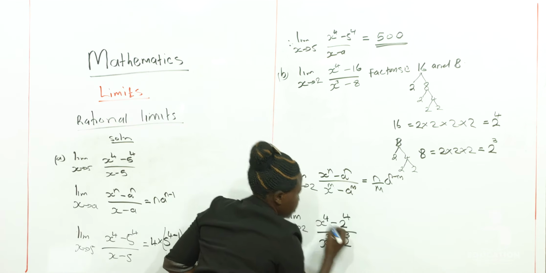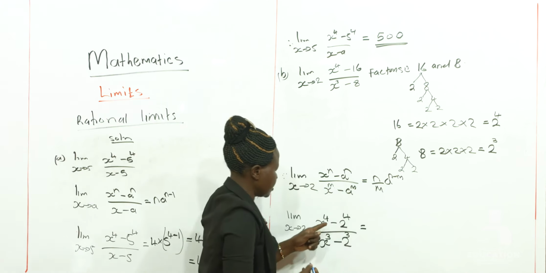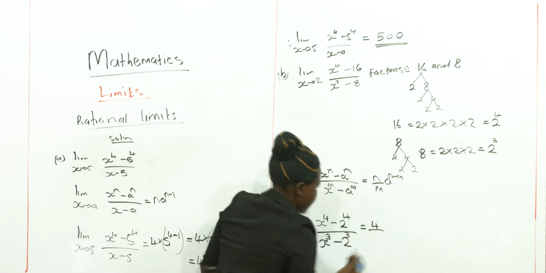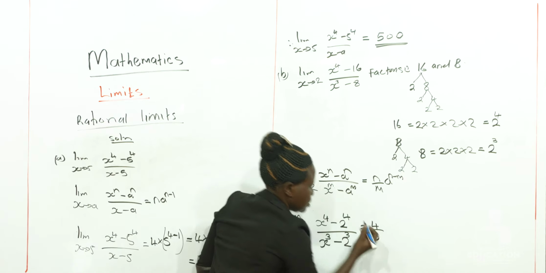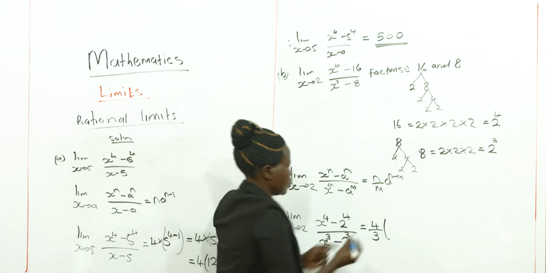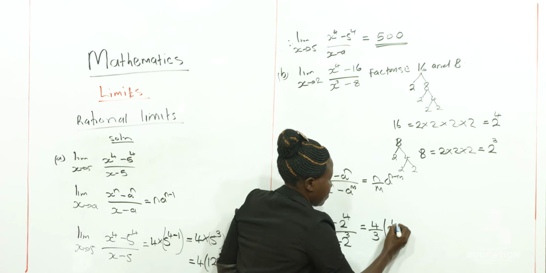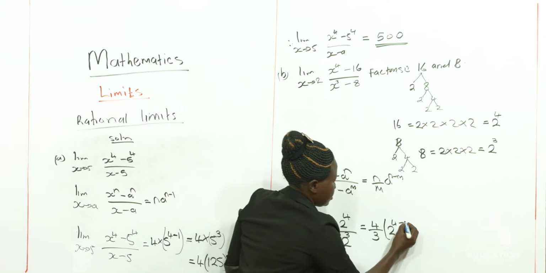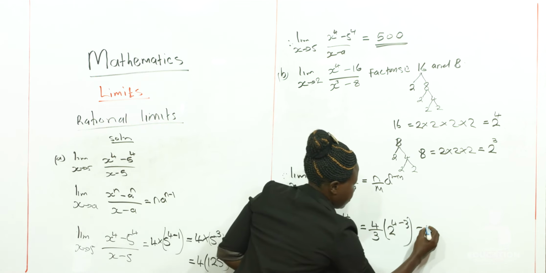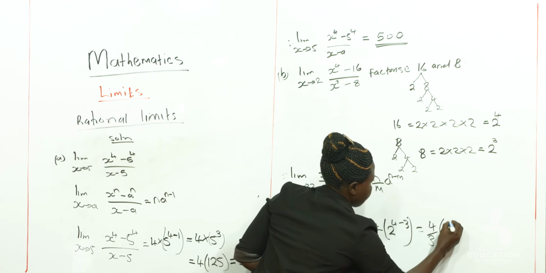When we substitute this expression, the power of the numerator is 4, so you will have 4 over the power of the denominator, which is 3, and then times a, which is 2, to the power n minus m, which is 4 minus 3.